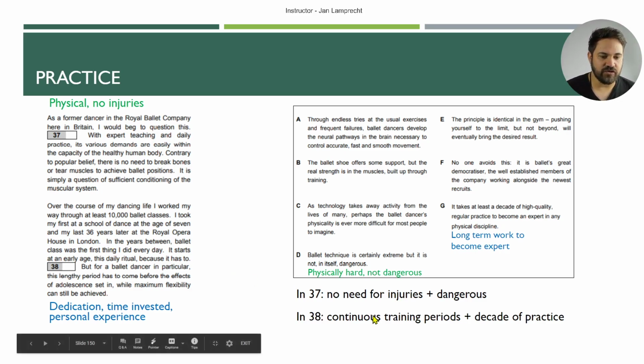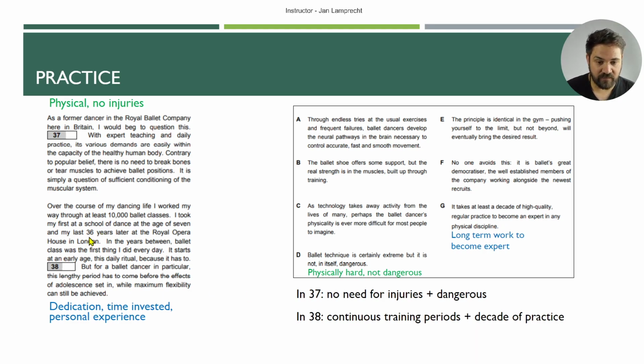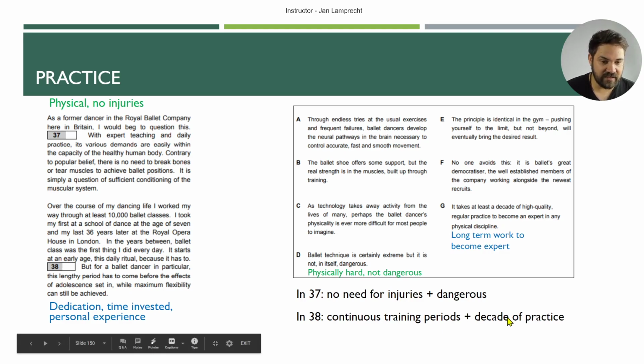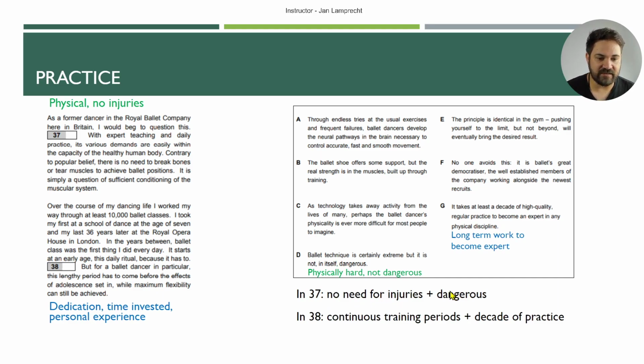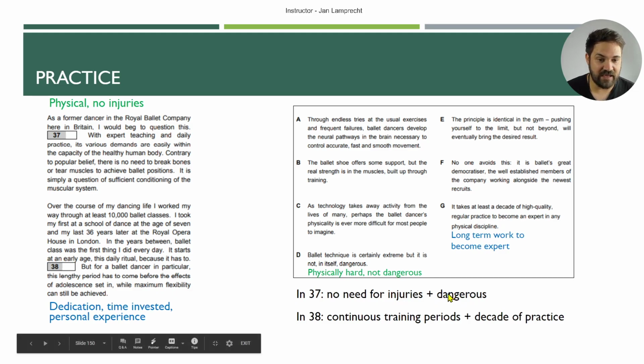In 38, continuous training period, a decade of practice. These two things are in the paragraph. These are exactly the connections we want. If you remember when I said you have to find the connections. In 37, the connection for D would be that no need for injuries, and they also mention dangerous.